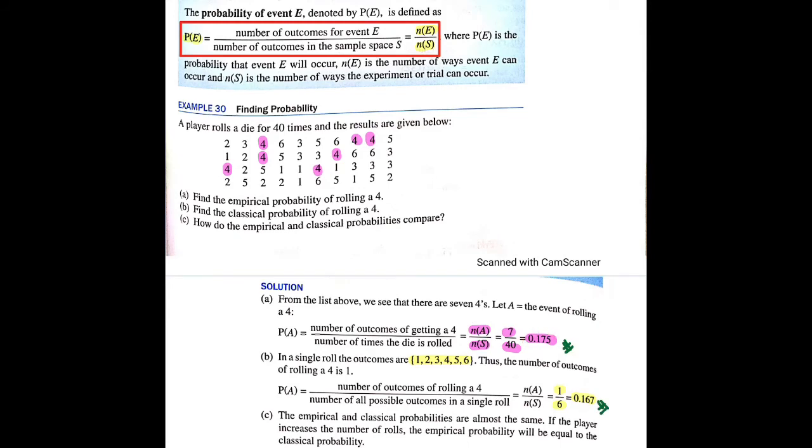Is it the same? Of course it's not the same, because the first one is by using an experiment and the second one is using theory, which is the classical probability. So how can we compare both of them? The way is you can increase the number of rolls so that the empirical probability later on will be equal to your classical probability.